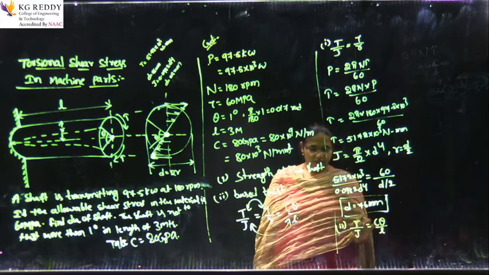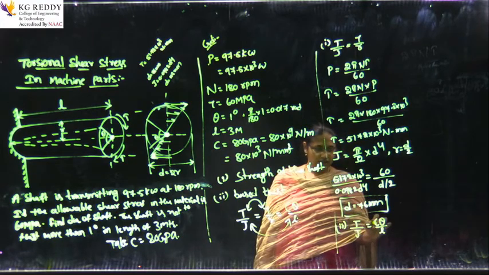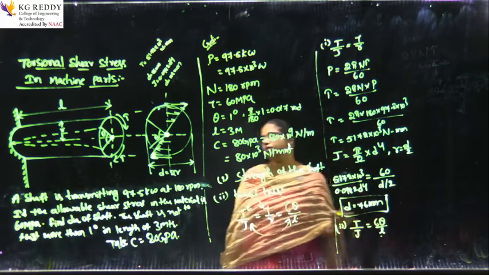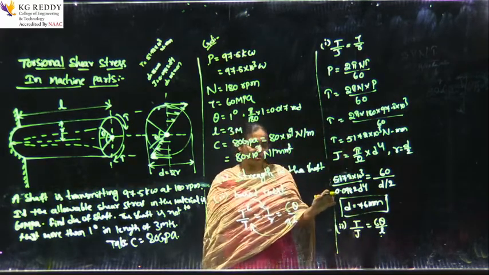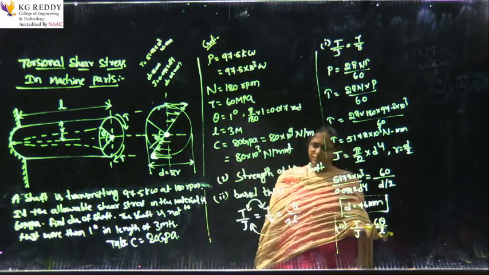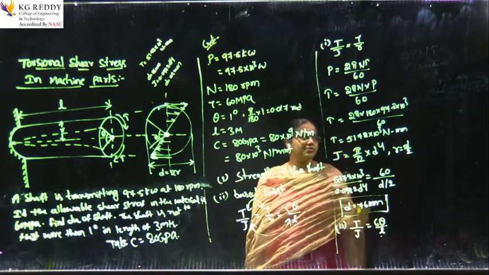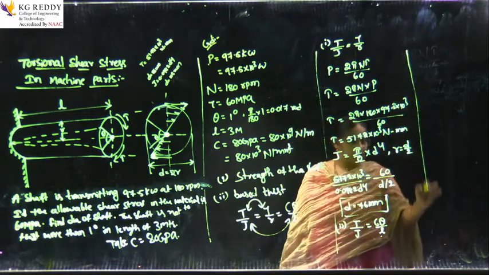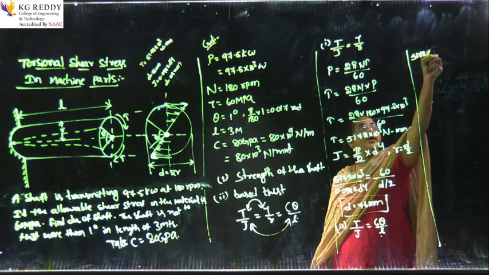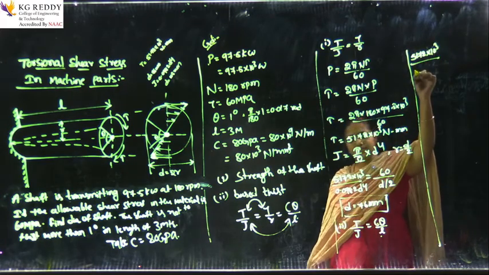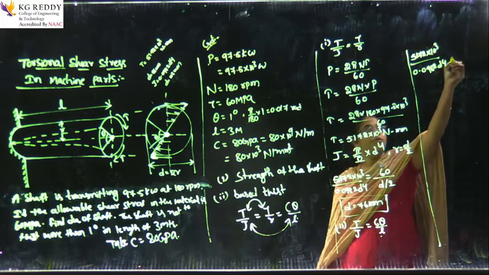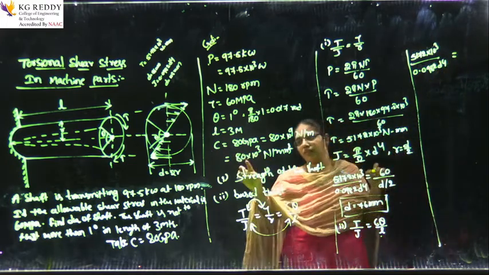Okay. So here we know the T, we know the J, and we know the C value, and we know the theta value, and also they have given the length of the shaft which does not exceed 3 meters, right. So substitute all the values here, again the same 5172 into 10 cube divided by 0.0982 into d power 4 equals C. How much is given in the problem?